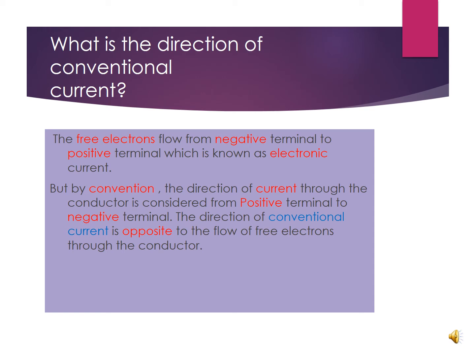So the electrons start flowing from the negative terminal to the positive terminal through the conductor, and that is called electronic current. But when the current was discovered, according to the convention, we decided that the current flows from the positive terminal of the battery to the negative terminal.